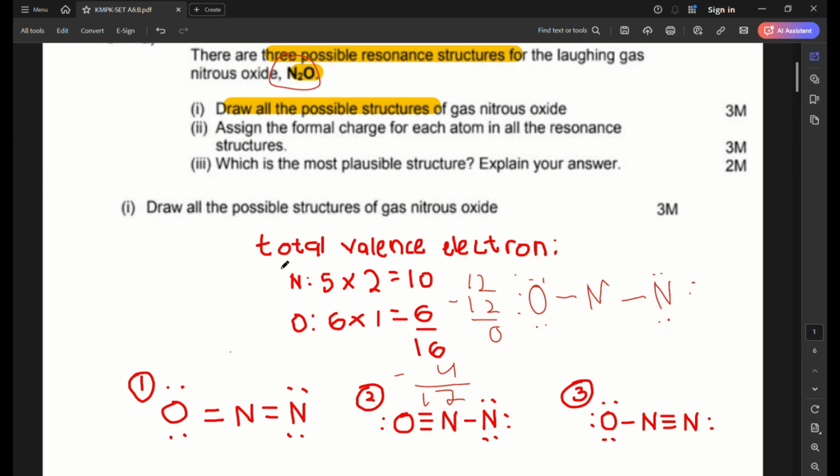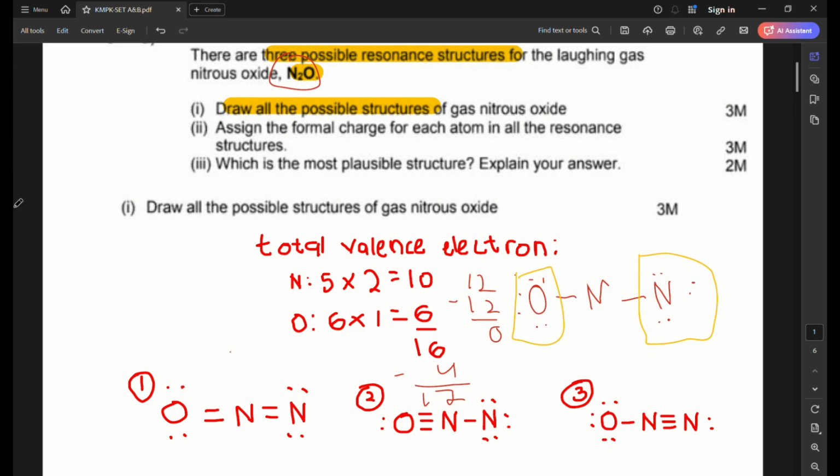As you can see here, the oxygen already has an octet of valence electrons, 2, 4, 6, 8, and the nitrogen on the end also has an octet, 2, 4, 6, 8. But if you look closely, the central atom, which is the nitrogen, only has 2 valence electrons and has not reached octet.